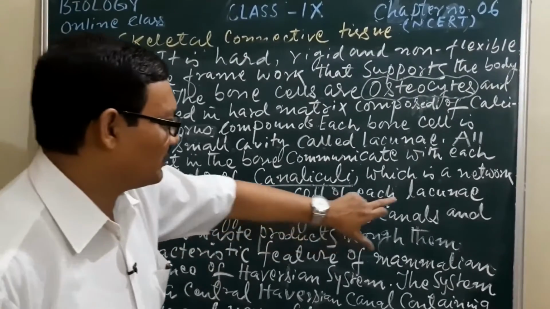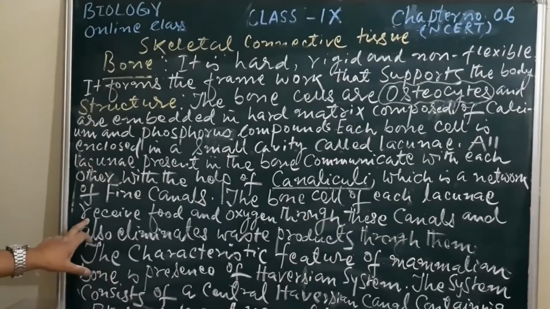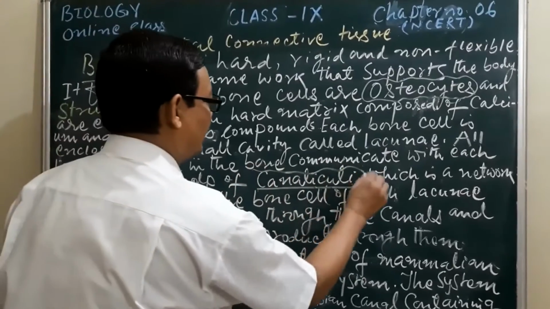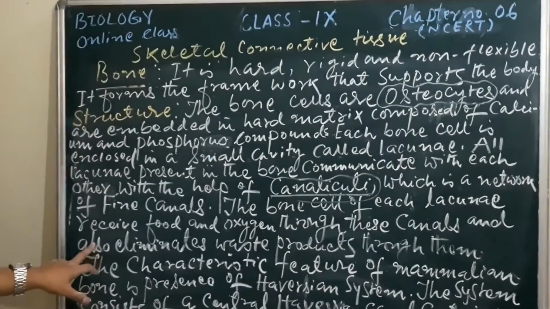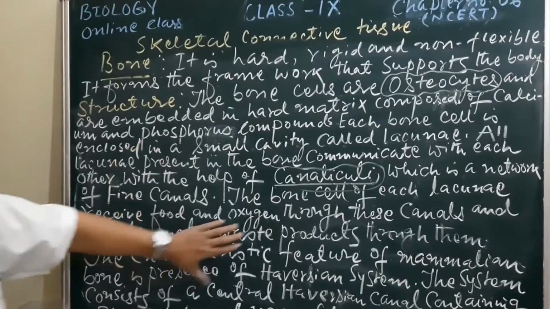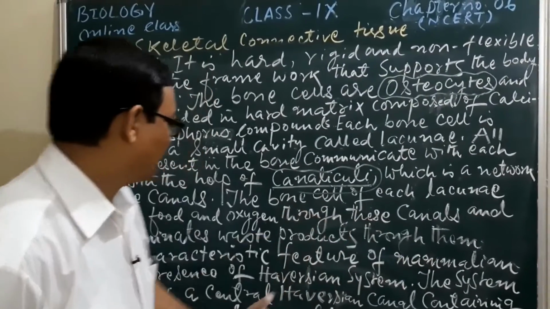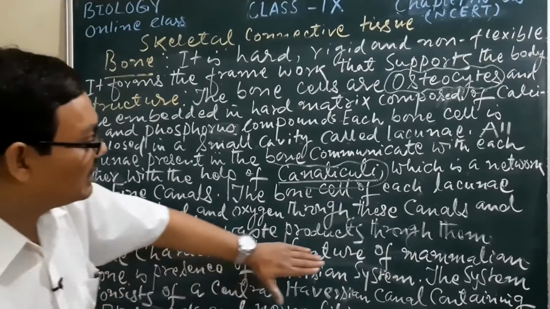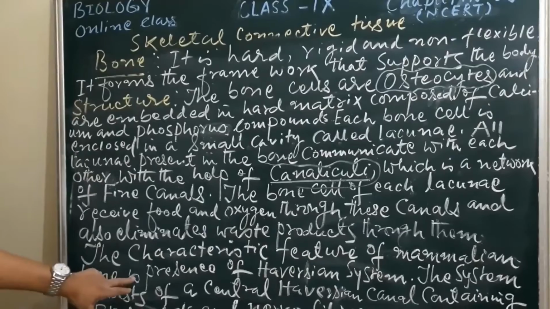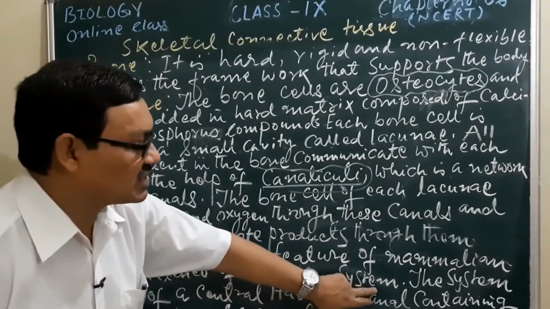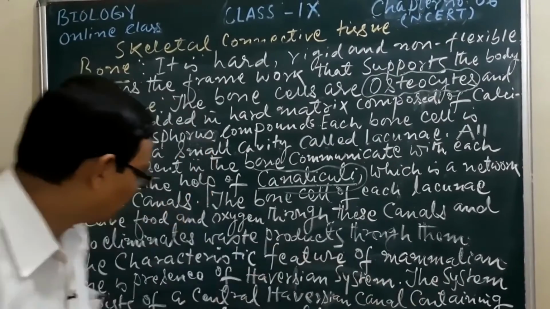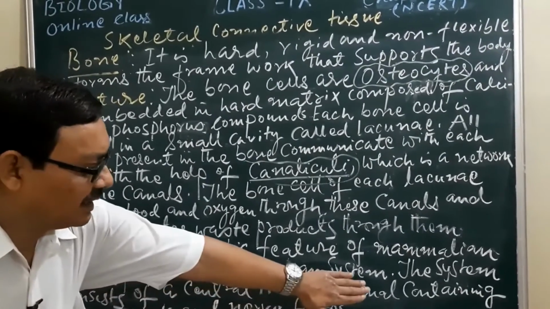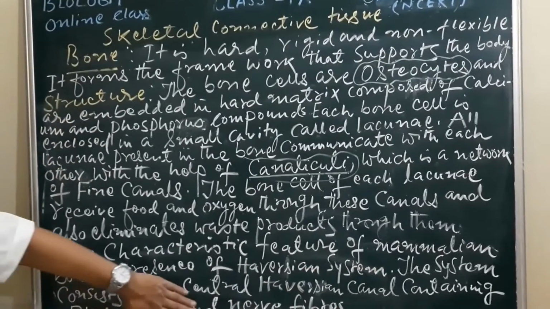The bone cells of each lacuna receive food and oxygen through these canals, and also eliminate waste materials through them. Another characteristic feature of mammalian bone is presence of the Haversian system. The Haversian system consists of a central Haversian canal containing blood vessels and nerve fibers.